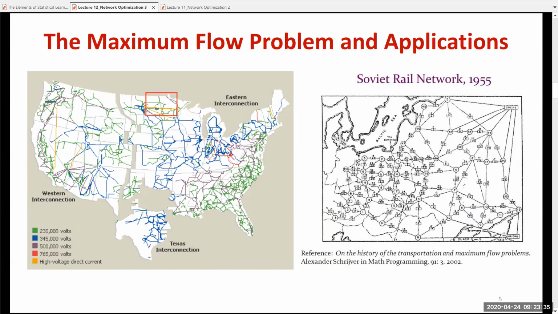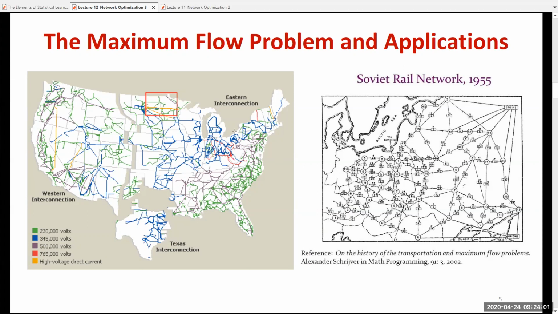So you may want to generate a lot of power on the coast and then deliver it to some inner states. The question is, first, how to build a network. Second, based on the network that is already built, how would you transport to get the maximum delivery? So these are clearly maximum flow problems.